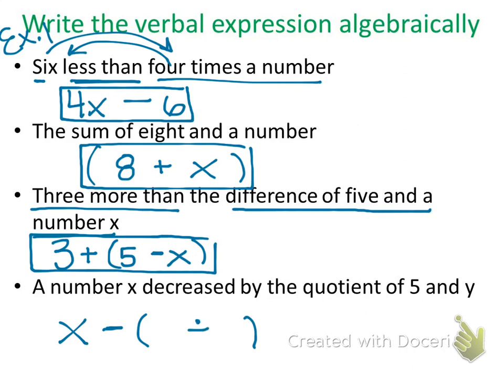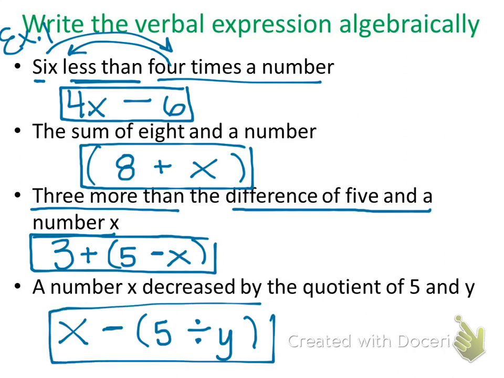Division. So we put that in the middle. Of 5 and y. So I just write it exactly how I read it. 5 and y. Again, order of operations or these parentheses matter here because I know I've got to do 5 divided by y first, and then I could take x and I could subtract whatever that answer was from it.